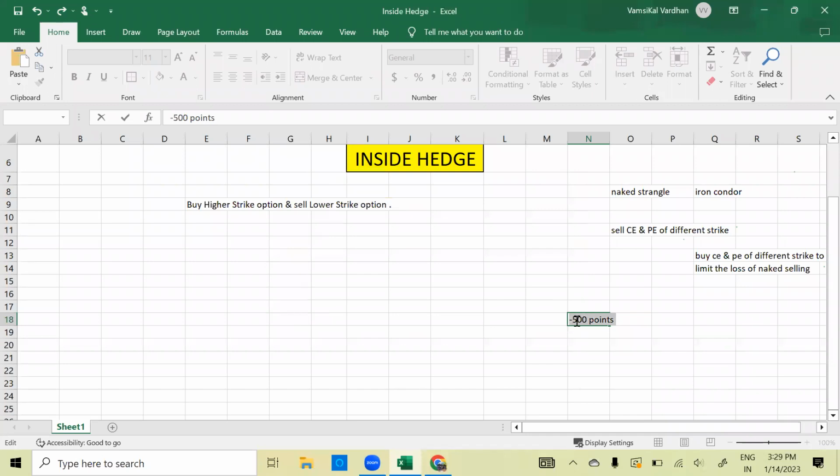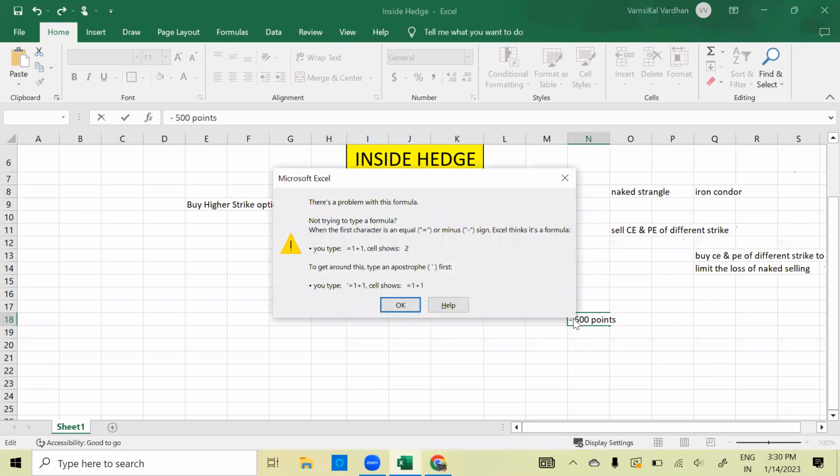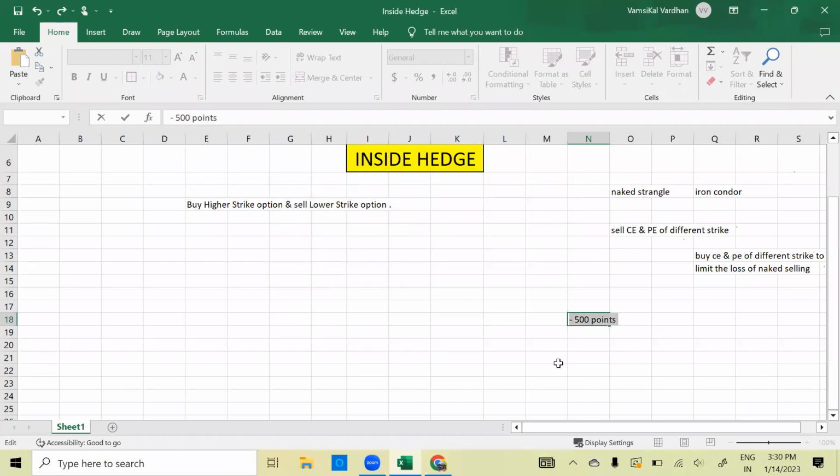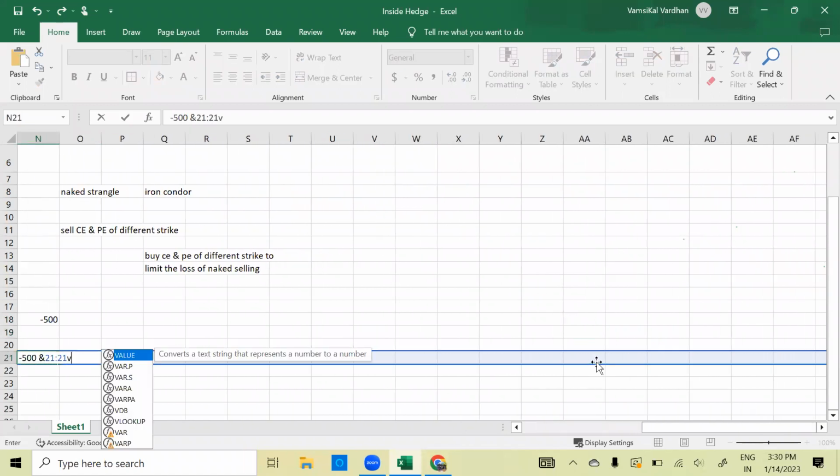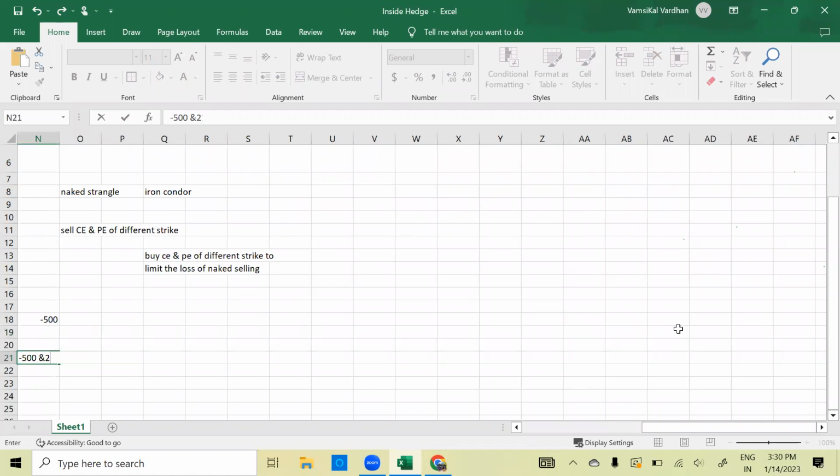What if the market goes down 500 points? Then we will also check what if the market goes down 500 points and VIX rises more than 10%.